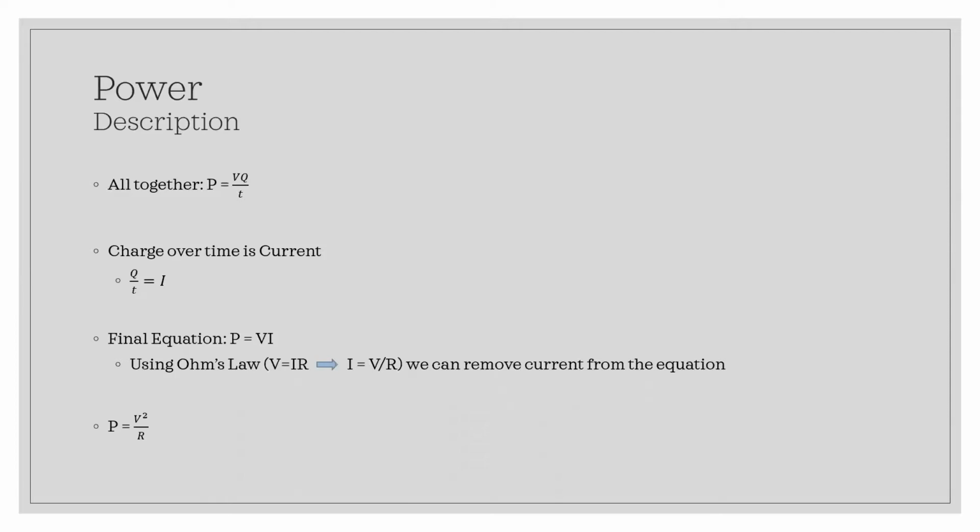Now, sometimes it's going to be simpler to calculate the voltage, and sometimes it's going to be simpler to calculate the current. So we can use Ohm's law to substitute out the value that we're having trouble calculating or that's not relevant to us right now.